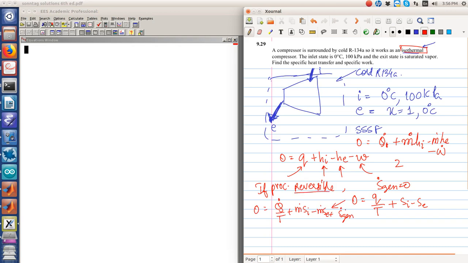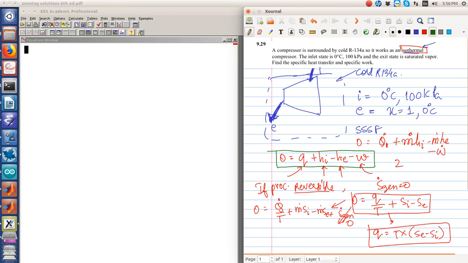If we assume that the process is reversible, S_gen is equal to 0, and if we divide everything by m dot, we get this equation. Using this equation, Q equals T multiplied by s_e minus s_i. This is how you obtain the heat transfer, and the work done is obtained using the first law equation because h_i and h_e are known. So it's a very simple problem.